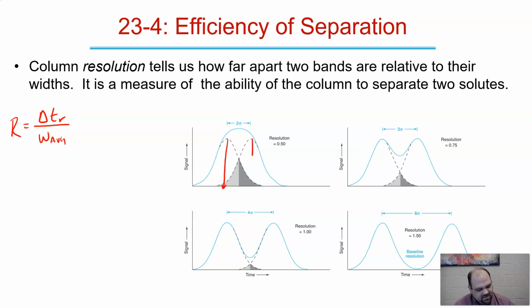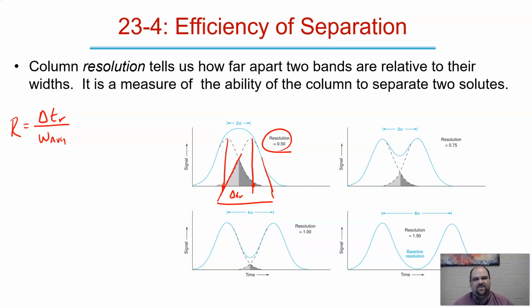We have a peak here and a peak here. That delta TR is very small for those guys. And their width, we're going to come down here, their width is very broad. A short difference in retention time and a broad width gives us a very low resolution. Resolution of just 1/2.